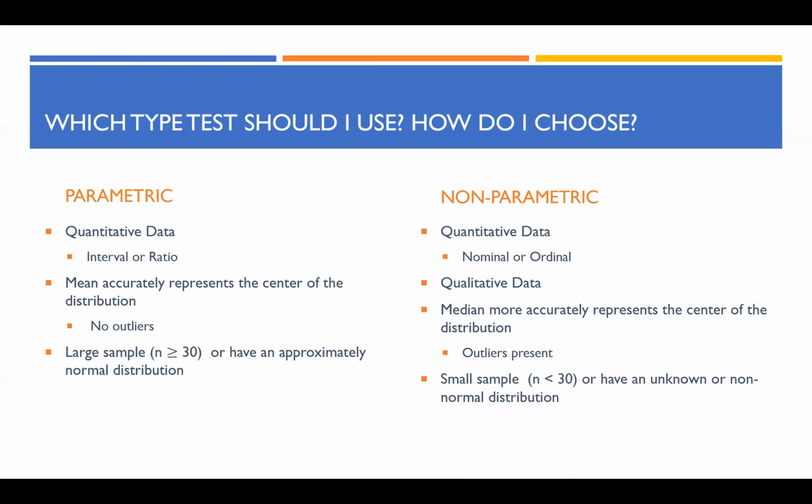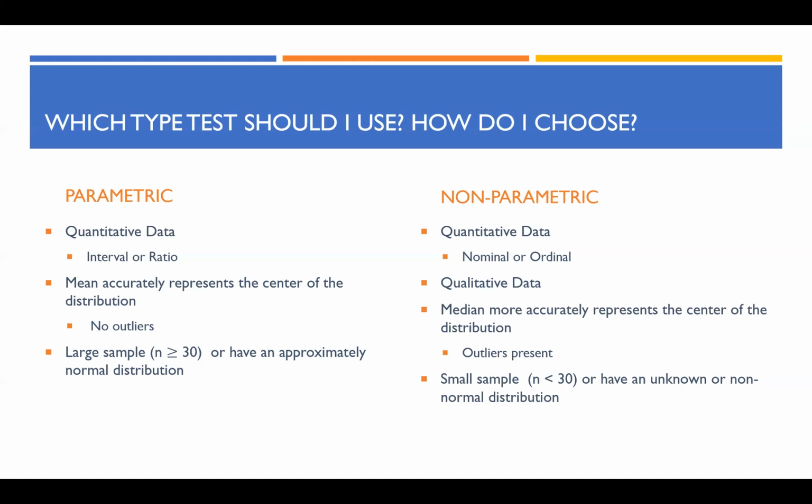And you definitely can use non-parametric if you have a small sample, or you have an unknown or a non-normal distribution. Because non-parametric is often referred to as distribution free. It doesn't assume anything about the distribution.